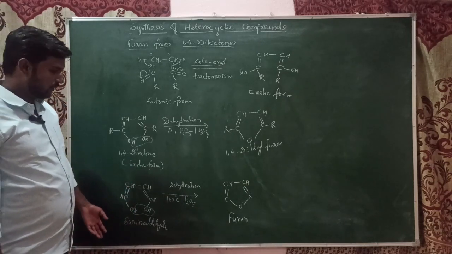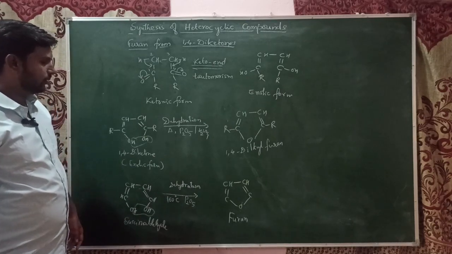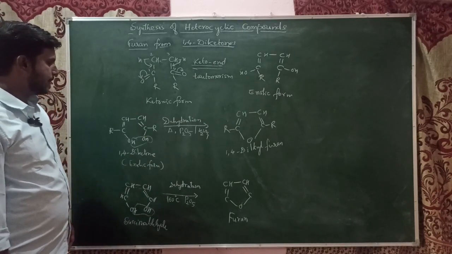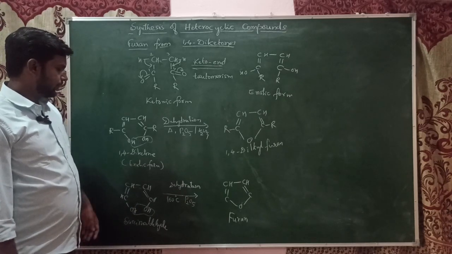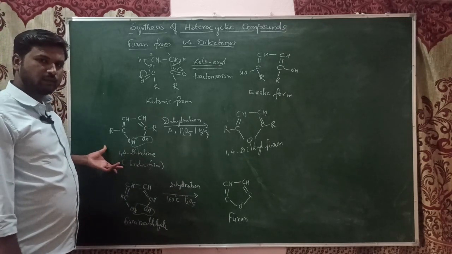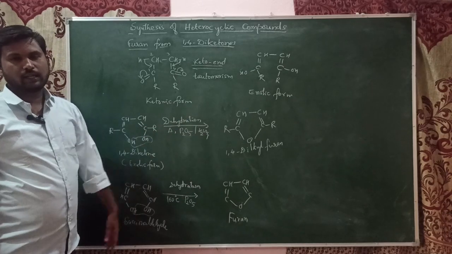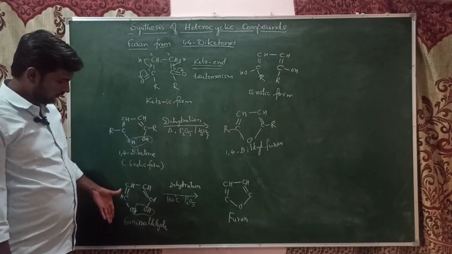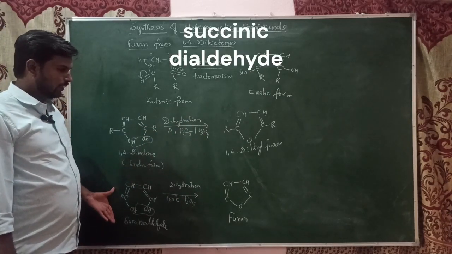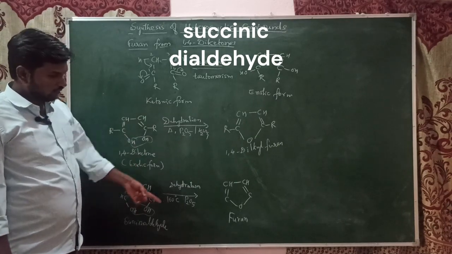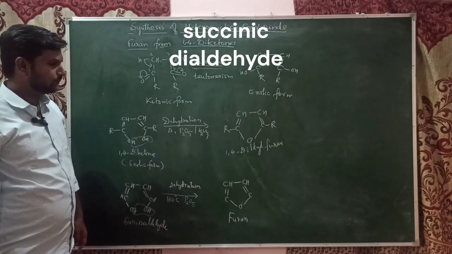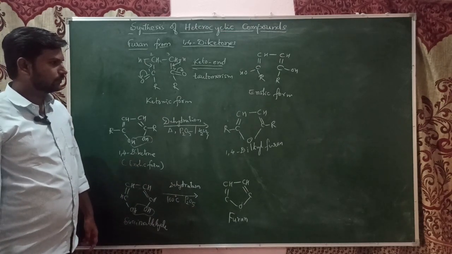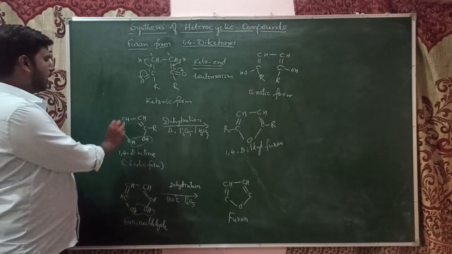Okay, I think you will get it. So if you take a general 1,4-diketone, you will get an alkyl derivative of furan. And if you take succinaldehyde, an example of a 1,4-diketone, then you will get furan as the product. So you can write the synthesis from here.